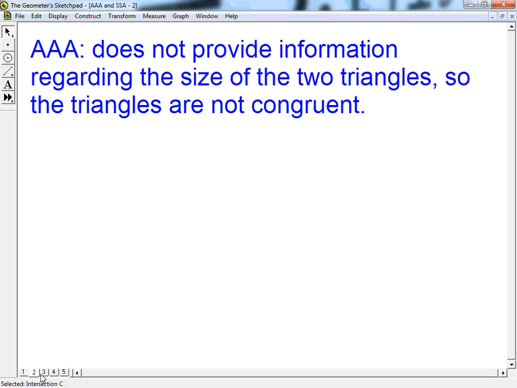Angle, angle, angle does not provide information regarding the sides of the two triangles, so the triangles are not congruent.